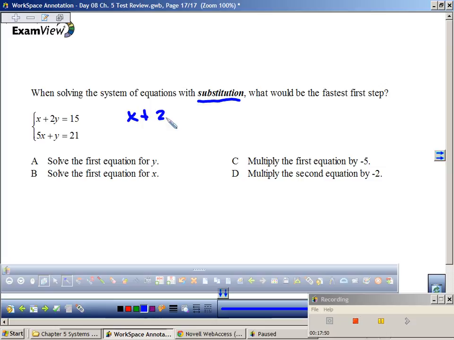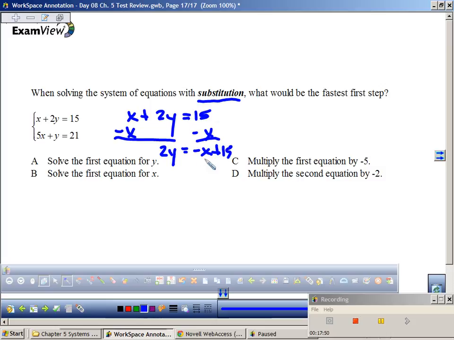In order to do that, I would first have to subtract x. That's number one. Got it? What comes next? All right, 2y equals -x plus 15. What would be my next step? Divide everything by 2.